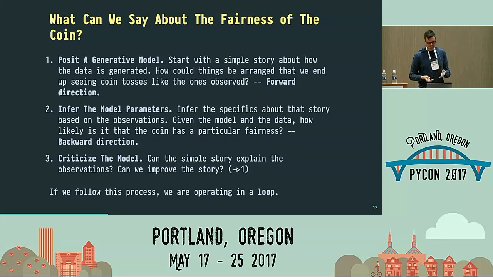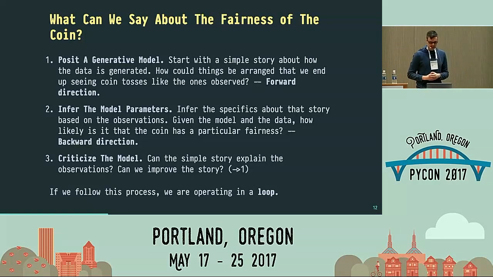And inference is then the backward direction: you have the data, your coin tosses, and you want to go back and study what was the fairness that led to these observations. Here, in particular, you want to infer the fairness of the coin, but in general, you infer the specifics of that particular story, this particular model that you defined.